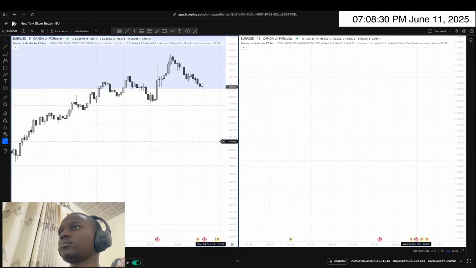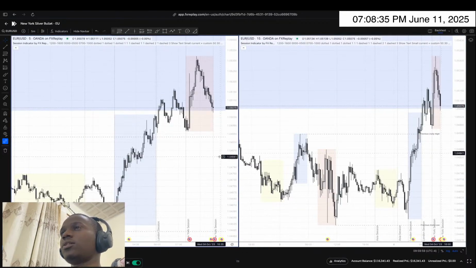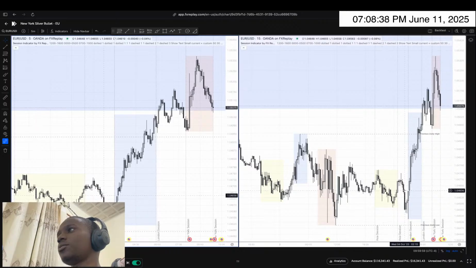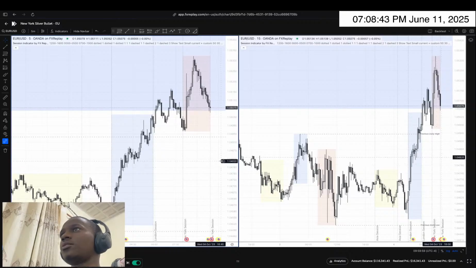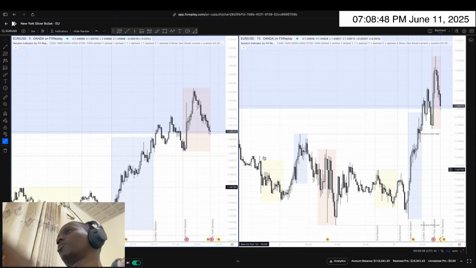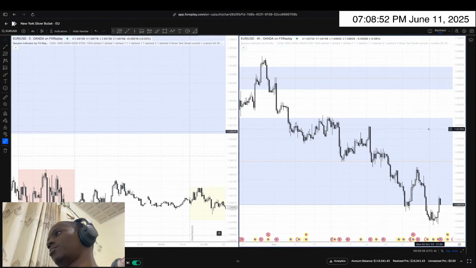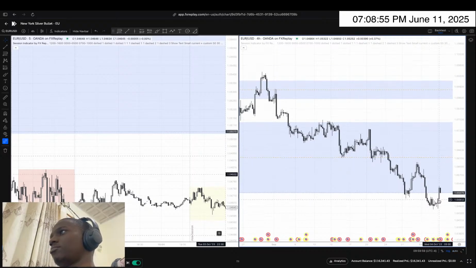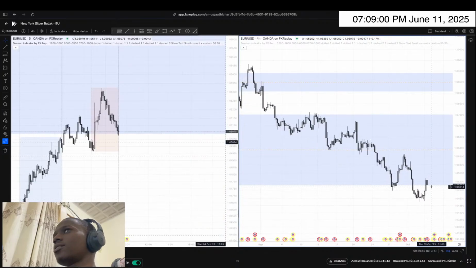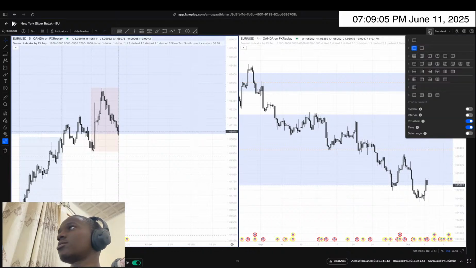So we can see that we had this accumulation and a bit of manipulation, then distribution to the upside, which means we might expect New York to play the continuation and continue pushing higher. The 4 hour is looking a bit bearish because of the upward push, which means I think we can also have some sells depending. Let's see what happens.